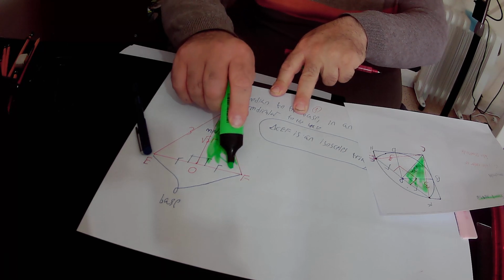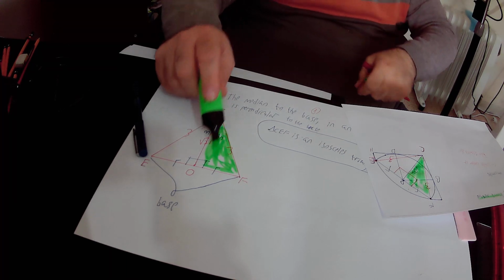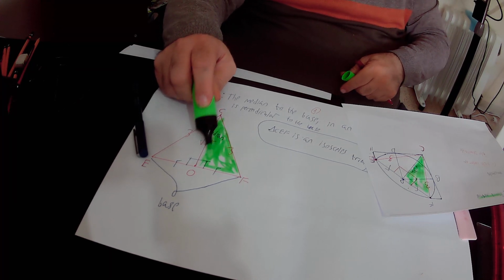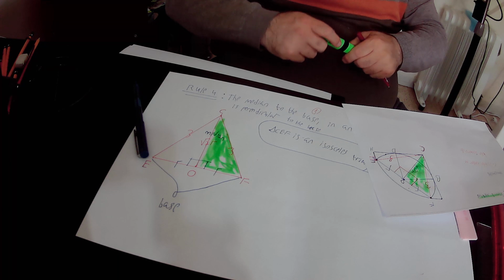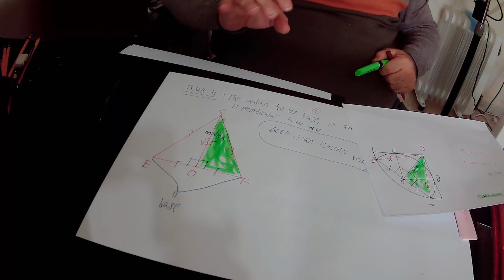So I will copy the right triangle COF in a new page, and we will implement the Pythagoras theorem on this green right triangle, triangle COF.